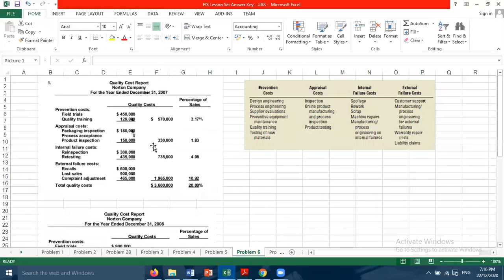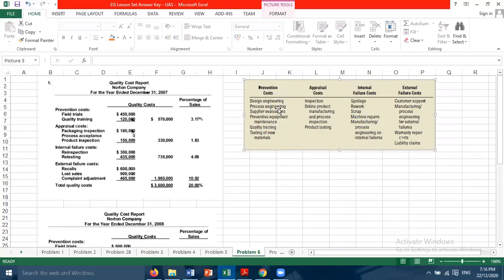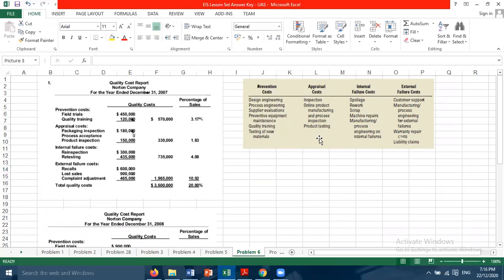And then next would be quality costing. The essence of quality costing is practically remembering which activities are considered which. So you guys will have to read and probably memorize what activities are considered what type of cost, like is it prevention, appraisal, internal failure, or external failure.